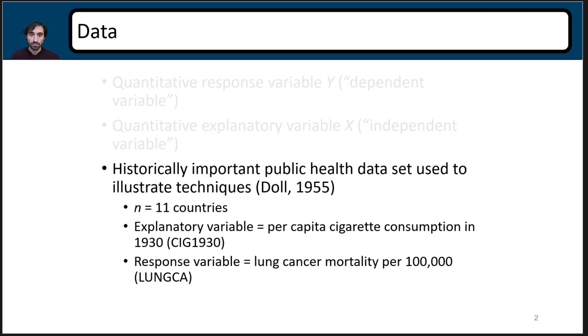So, in other words, we want to know how cigarette consumption can explain our response variable of lung cancer. How much of an association is there between smoking cigarettes and lung cancer? It seems like common sense now, but it wasn't that long ago when it wasn't common sense.